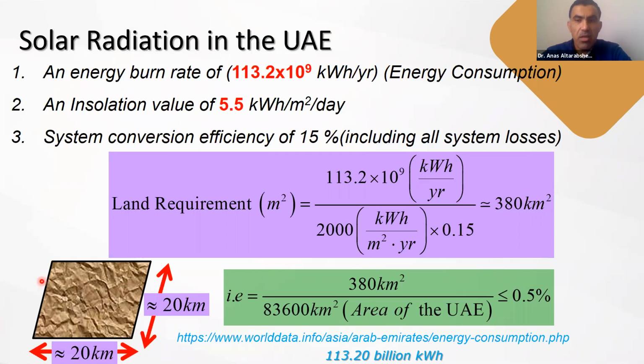Okay. Now, this corresponds to almost 20 kilometers by 20 kilometers of PV panels. We can cover the whole needs of the UAE. Now, this 380 square kilometers is about 0.5% of the whole country's area.